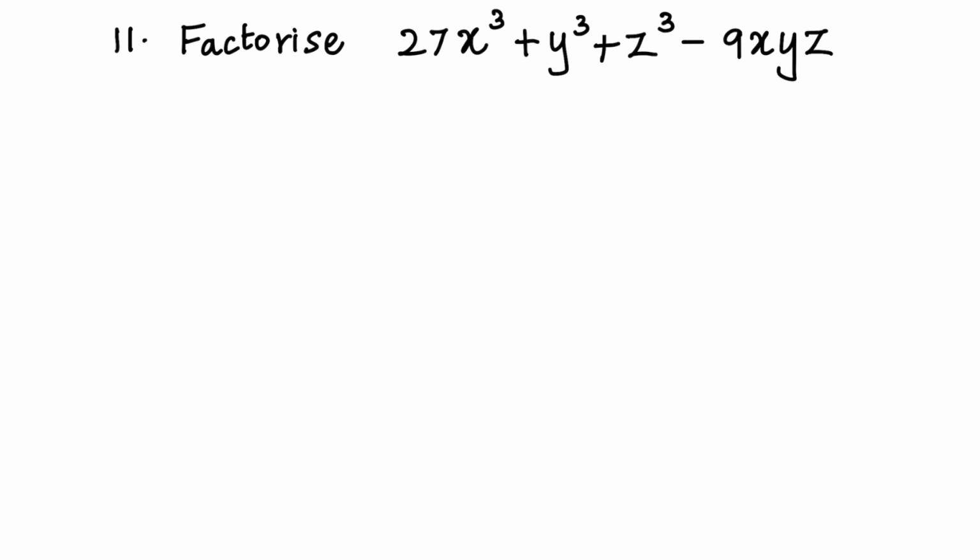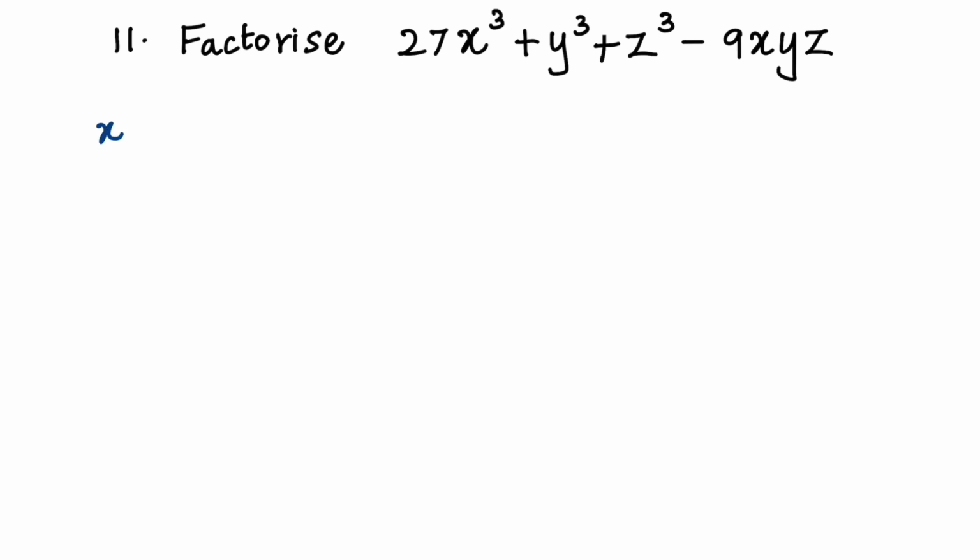Now, there is this identity which we have learnt a few videos back, that involves x cube, y cube, z cube and this xyz term. I hope you remember that identity. If not, I'll write it now so you can remember it.